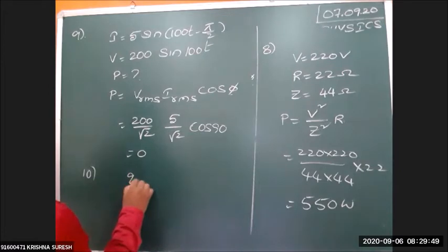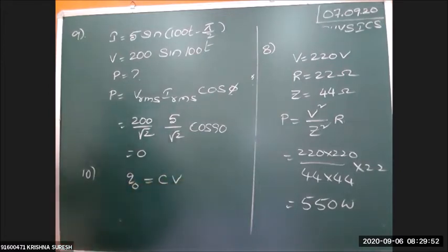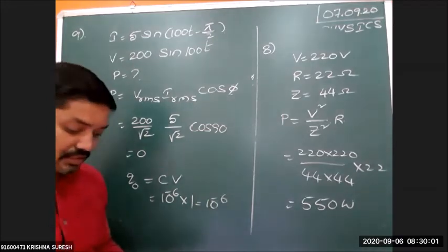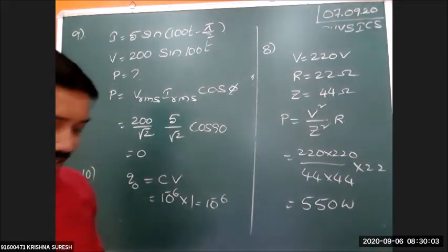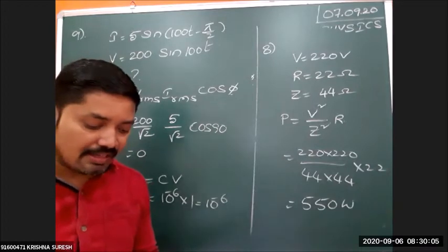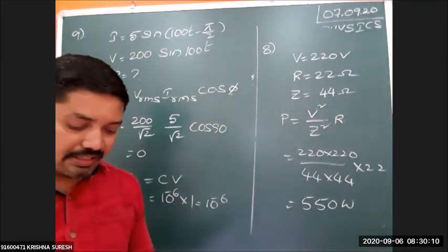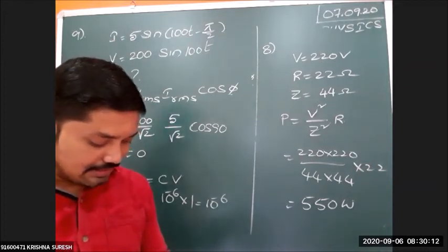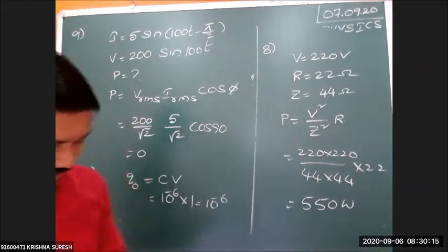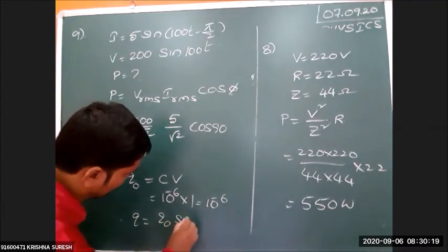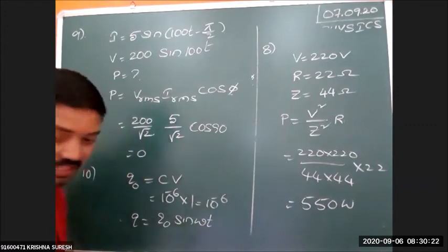The formula is Q naught is equal to CV. The C value is 10 power minus 6 and the voltage value is 1. So that is 10 power minus 6. And he gave you the inductance also, 1 millihenry. We have to find the current. To find that current, we know the equation Q is equal to Q naught sine omega t.